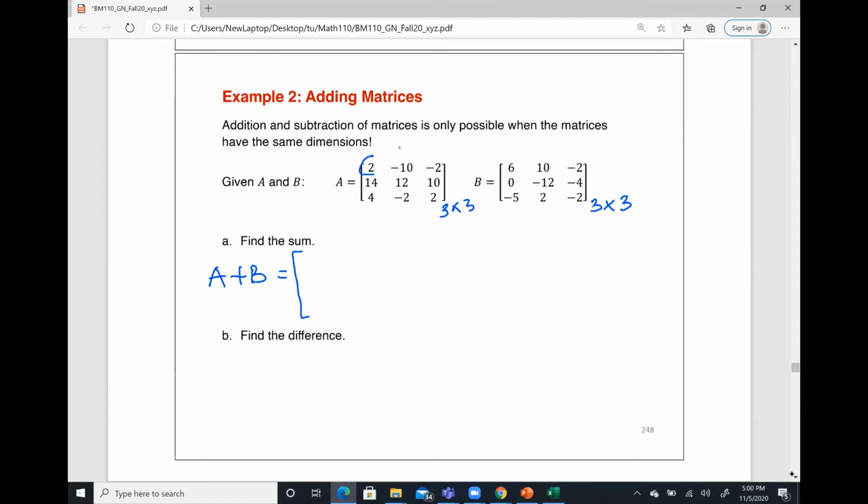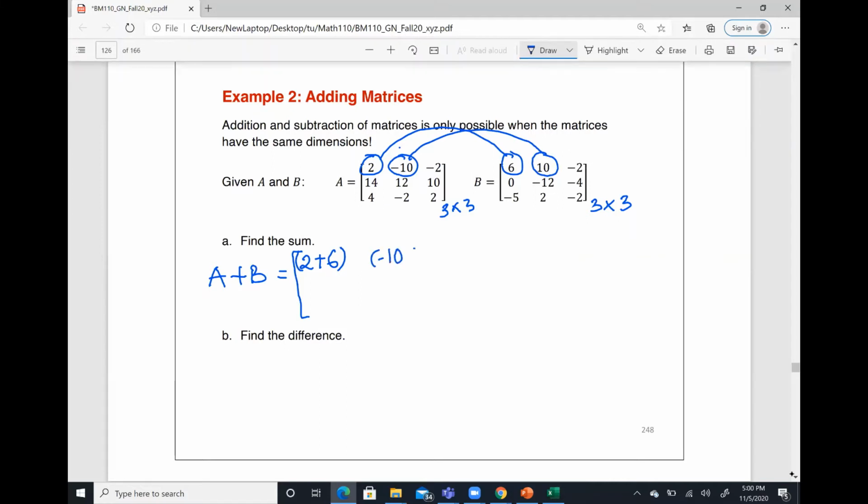So this entry will add with this entry, right? So 2 plus 6. That is the first one. Then negative 10 you add with the entry in the same position in B. So negative 10 plus 10. And so on. Negative 2 plus negative 2.